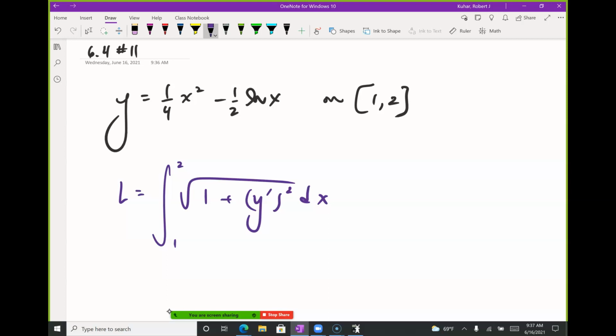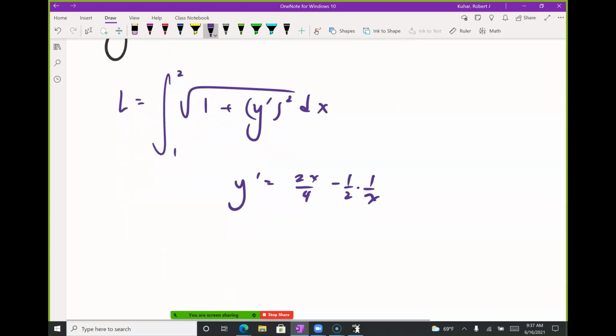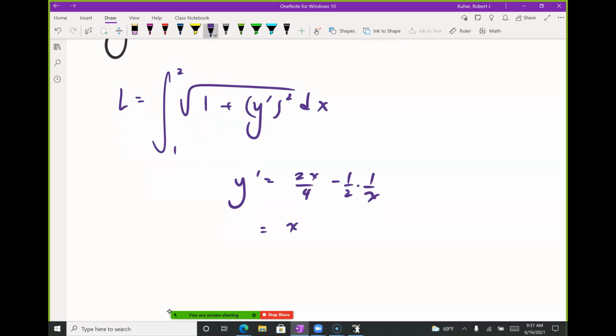So what do we get for y prime? It looks like 2x over 4 minus 1/2 of 1 over x. So x over 2 minus 1 over 2x. Look right? Anyone agree with me here?